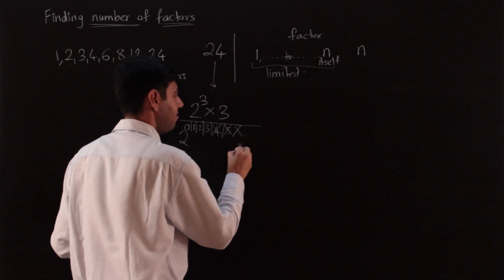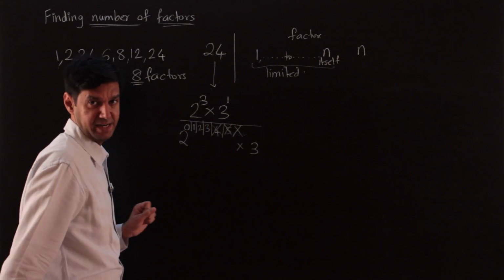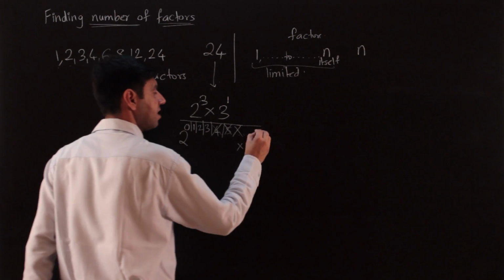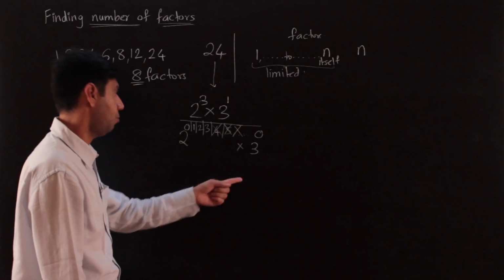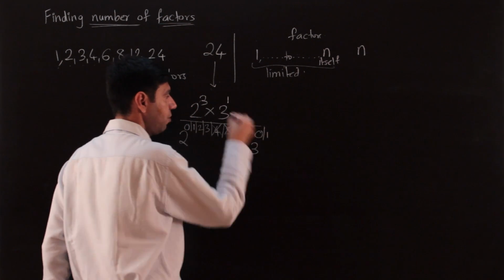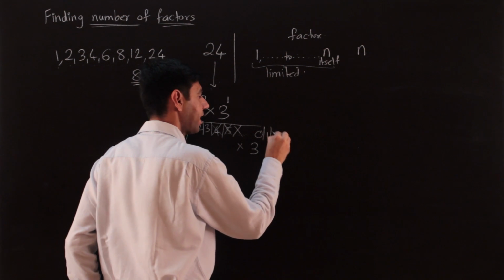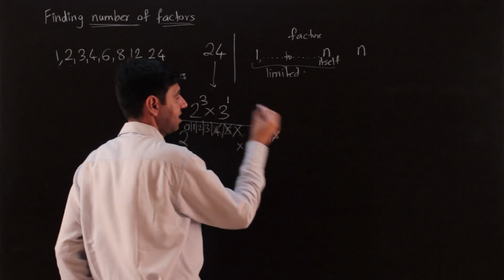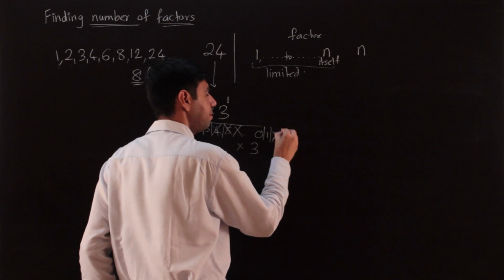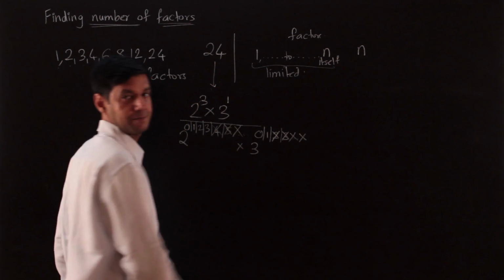Similarly, if I look at powers of 3, 3 raised to 1 is what we have in the number. 3 raised to 0 is a natural number 1 which can divide the given number. 3 raised to 1 also can cancel out the 3 raised to 1, but 3 square cannot cancel out the 3, 3 cube cannot cancel out, anything further cannot be cancelled.